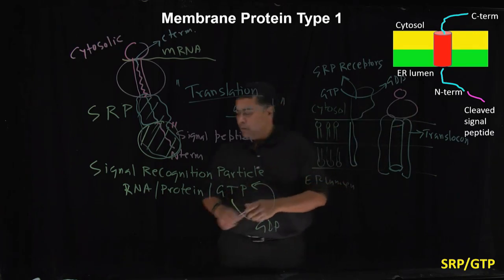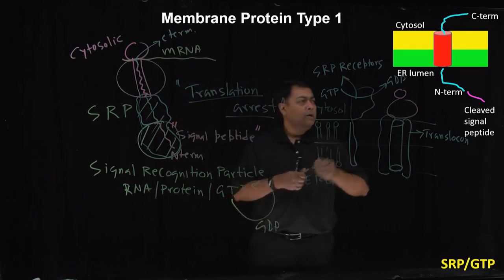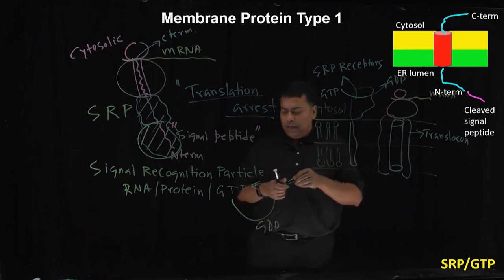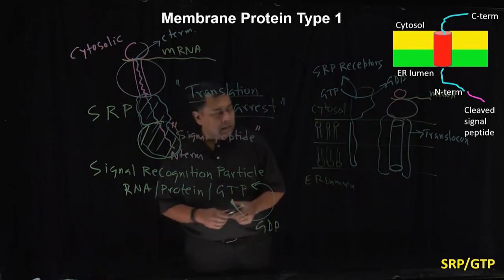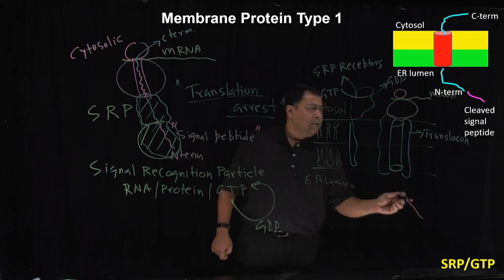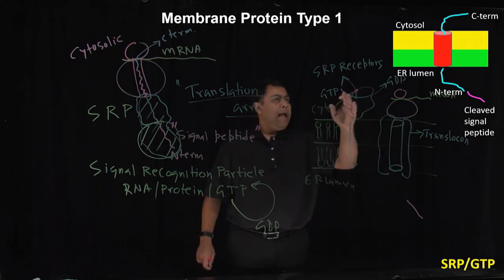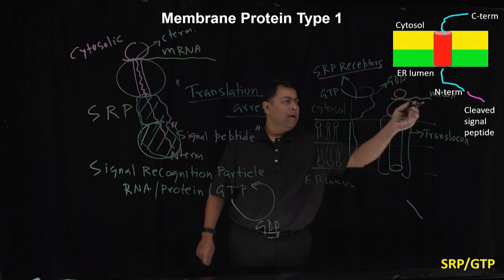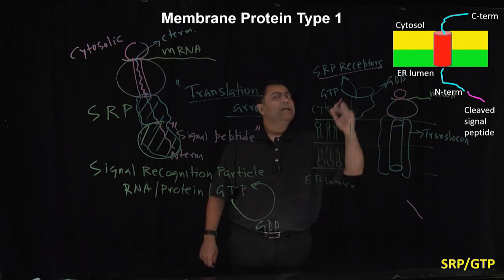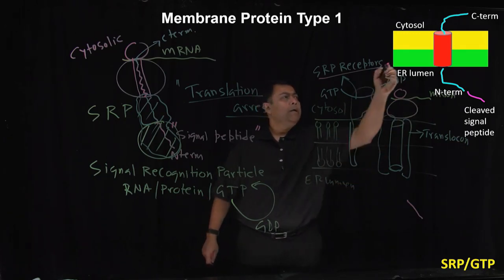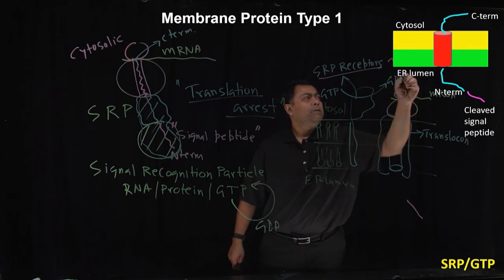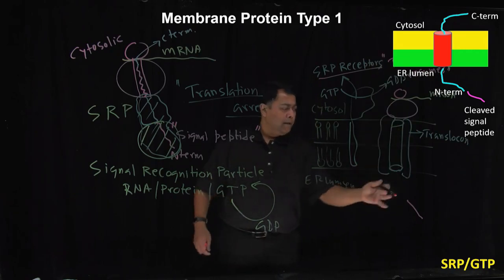The ribosome is going to sit on the translocon, and right here you have the mRNA, and this is how it looks. This is your signal peptide. Interestingly, as soon as the SRP receptor releases the ribosome and the mRNA, translation resumes. So it will start translation again.